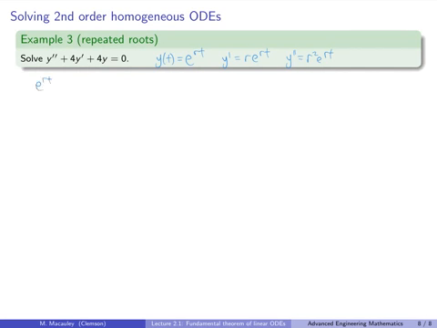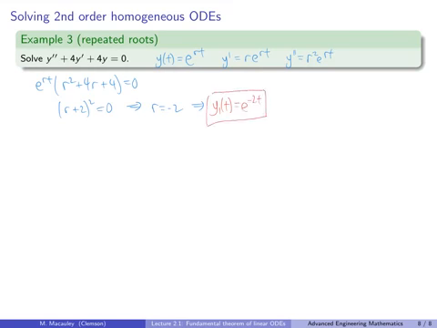We get e to the rt times r squared plus 4r plus 4 equals 0. I've literally just put these coefficients 1, 4, and 4 right here, here, and here. Now this factors as r plus 2 quantity squared equals 0, and that means r equals -2, so we have found a solution, namely y1 of t is e to the minus 2t.